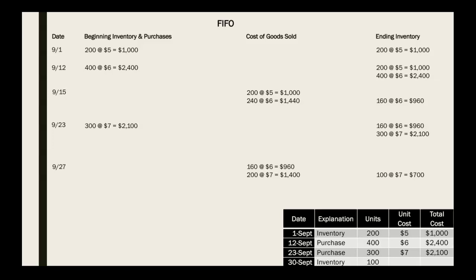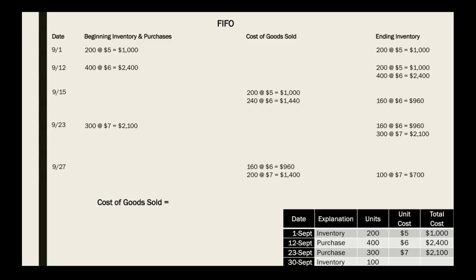So we're left over with 100 units at $7 a piece. And you'll notice that it tells us on the 30th, at the end of the month, you should end up with 100 units. So that's a check as you're going through problems like this to make sure that you are on the right track.